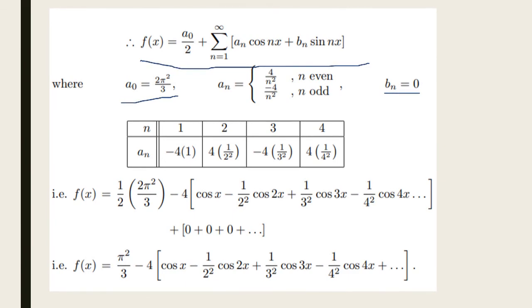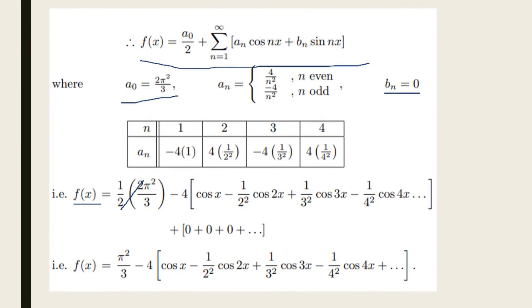So we can factor 4 out. We have f of x equal to 1/2 times 2 pi squared over 3, we just cancel the 2, minus 4 times quantity cosine x minus 1 over 2 squared cosine 2x plus 1 over 3 squared cosine 3x, and so forth, plus, since b sub n is equal to 0, it's just 0 plus 0 plus 0 infinitely, so it's still 0.